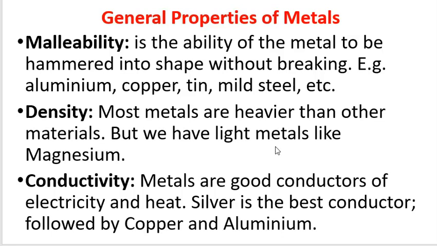Density. Most metals are heavier than other materials. Notwithstanding, we have light metals like magnesium. Then we have conductivity. Metals are good conductors of electricity and heat. Silver is the best conductor, followed by copper and aluminium.